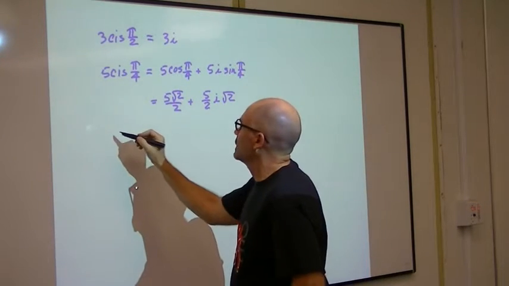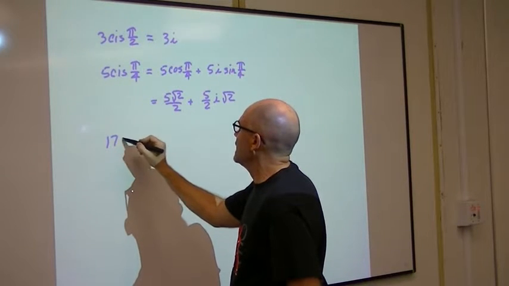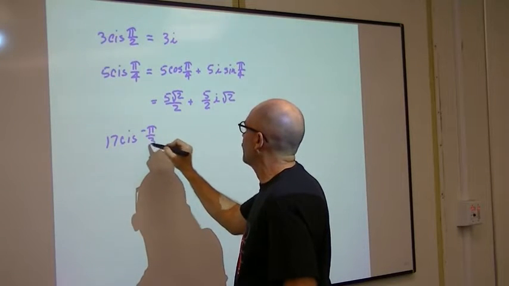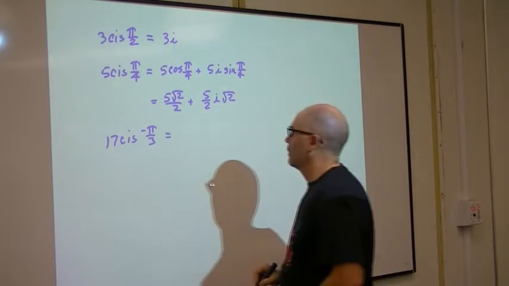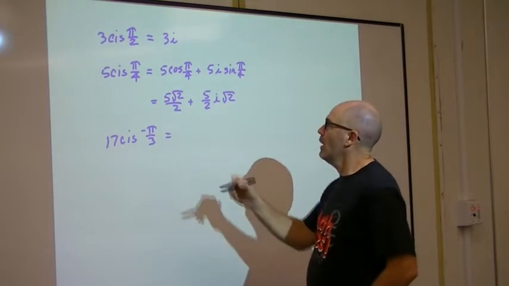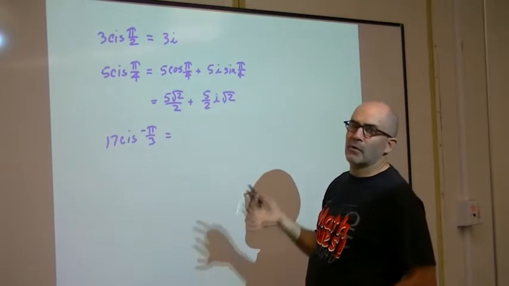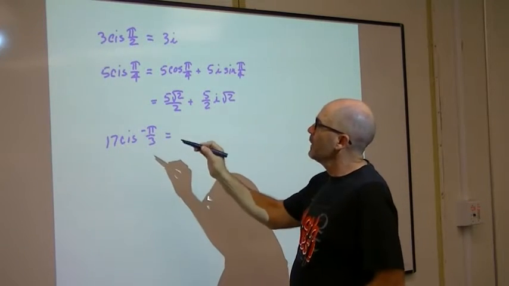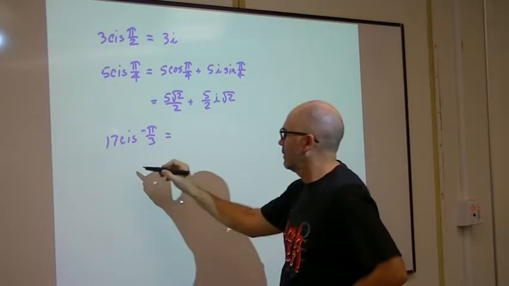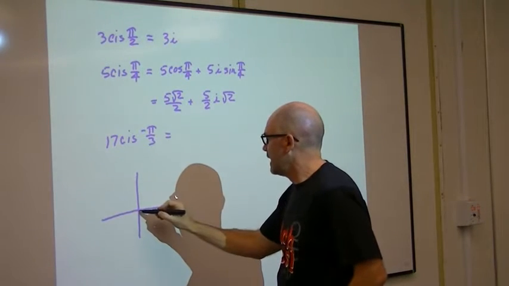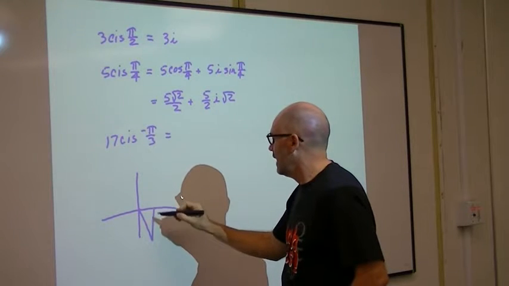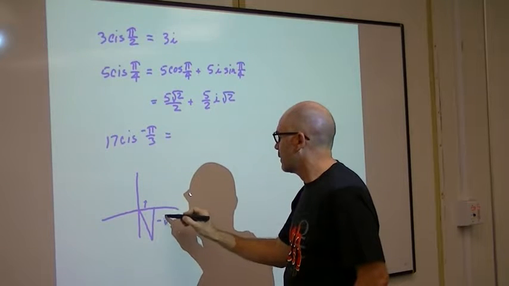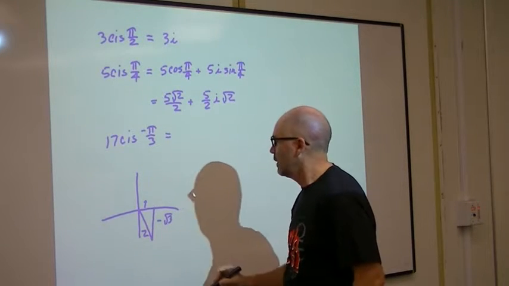So what about 17 cis negative pi over 3? What's that equal? Pretty soon you shouldn't have to be writing cosine and sine out because that's what cis actually means. So what's cosine negative pi over 3? Let's look at that. Negative pi over 3 would be down here. And so this is positive 1, this is negative square root of 3, and this is 2.